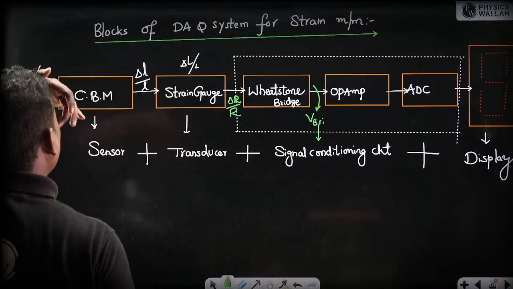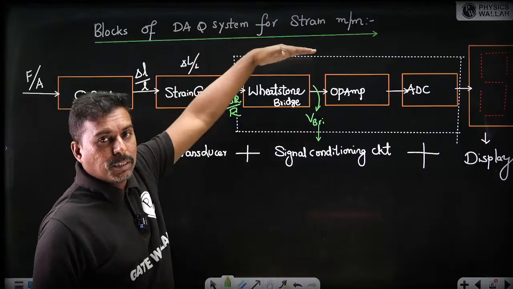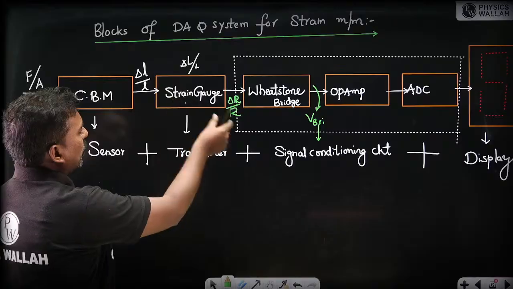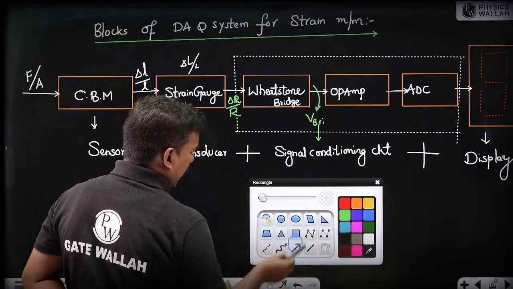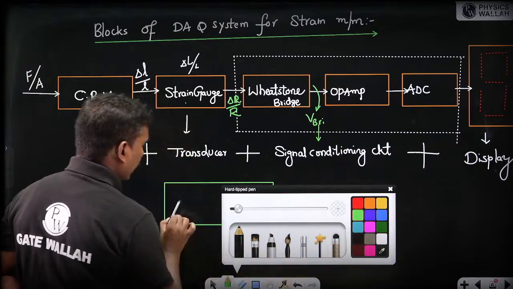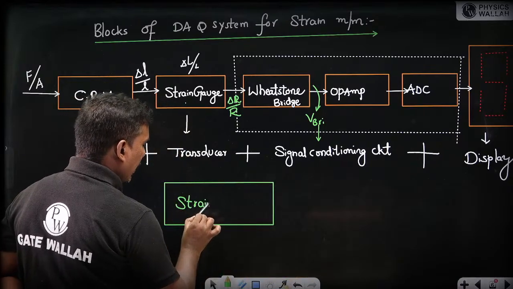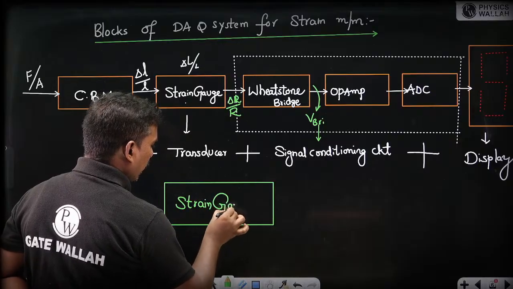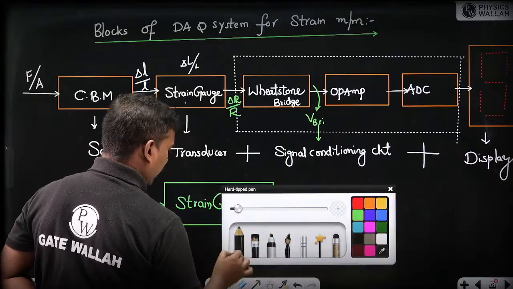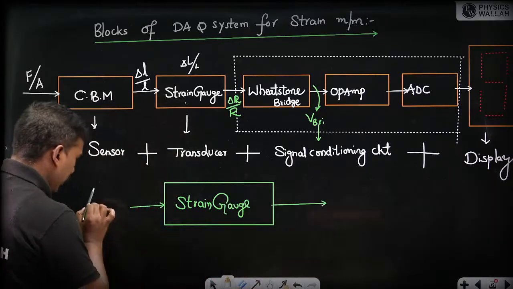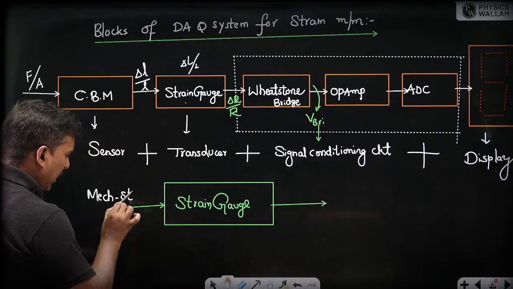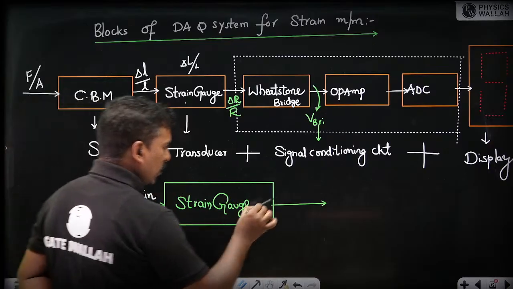So if you see now, this is a data acquisition system for the strain measurement system. The strain gauge converts the mechanical strain to electrical strain.